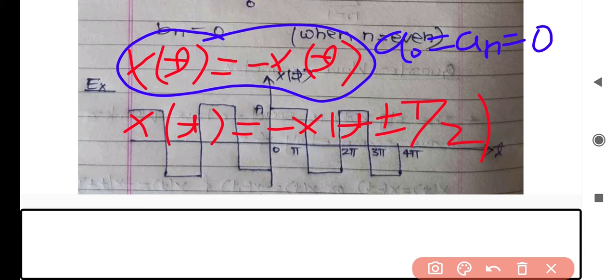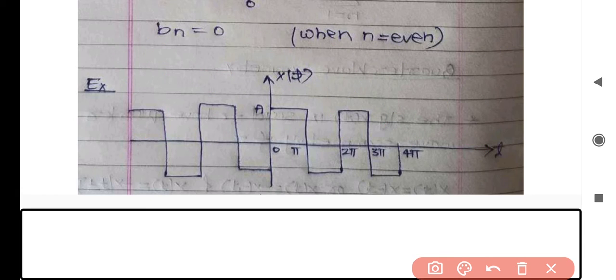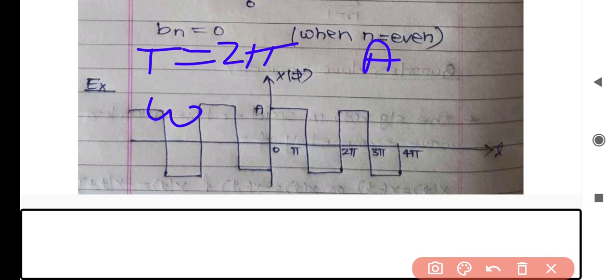Here, the information this signal has is that the period of this signal is 2 pi and the amplitude of the signal is A, then omega naught will become equal to 2 pi by T, which is equal to 1.